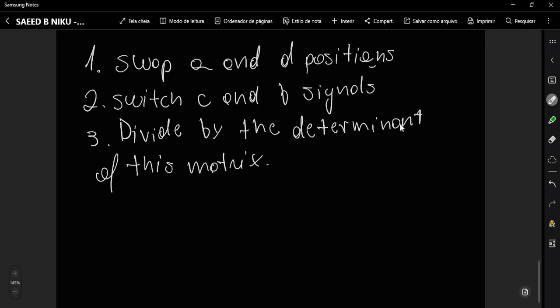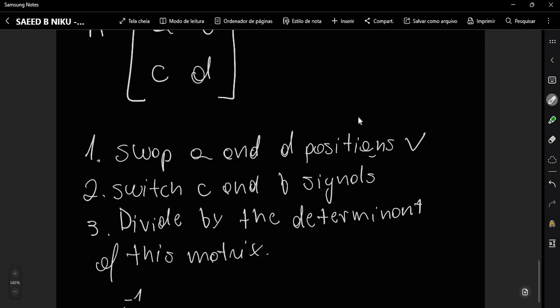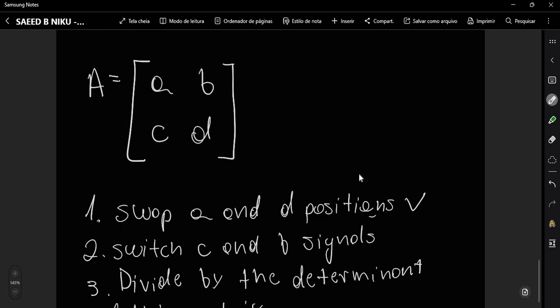I really encourage you to revise this with more patience, because right here we are just passing quickly, as our main goal is in the context of robotics, and I'm treating this as an algorithm to calculate the inverse. So let's follow these steps.